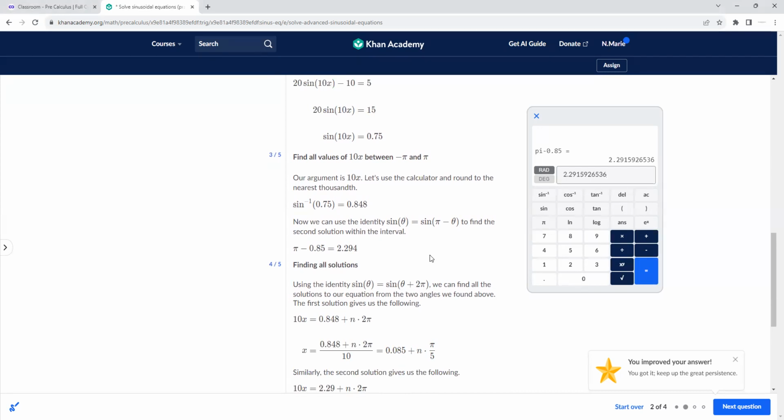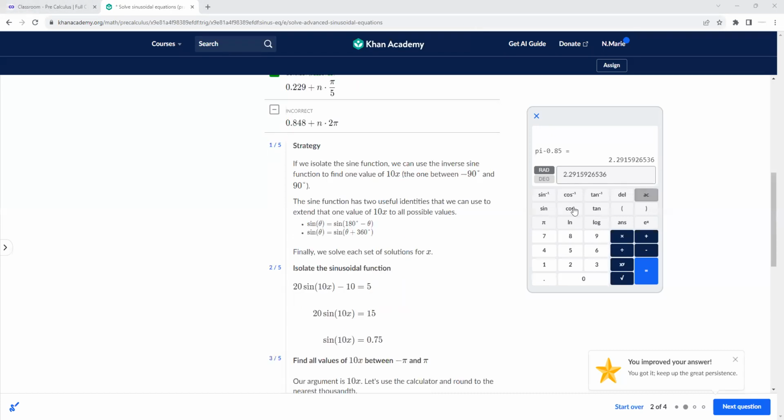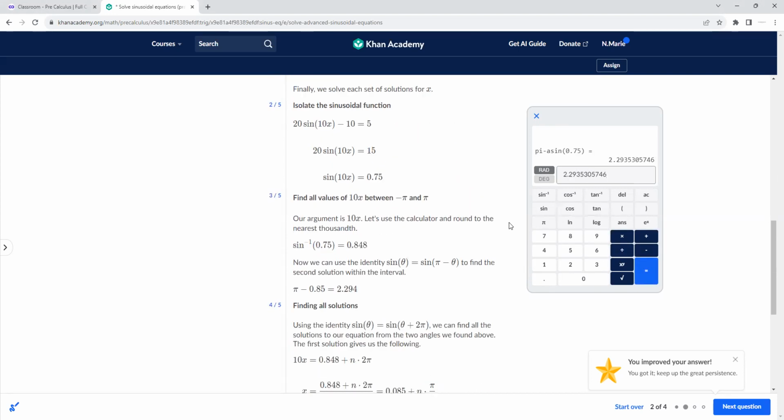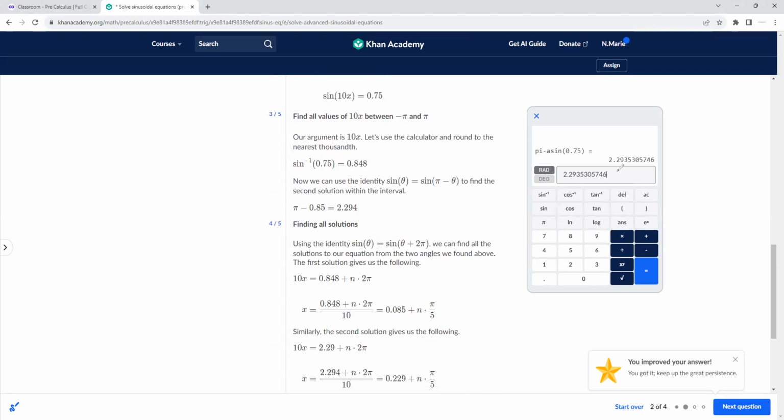Why am I getting a different answer? I think because they actually entered in the exact decimal that we had got. Let's see. Pi minus the inverse function of 0.75 gives 2.294. Yeah, that's how they got the 2.29. So this is more of an exact answer.